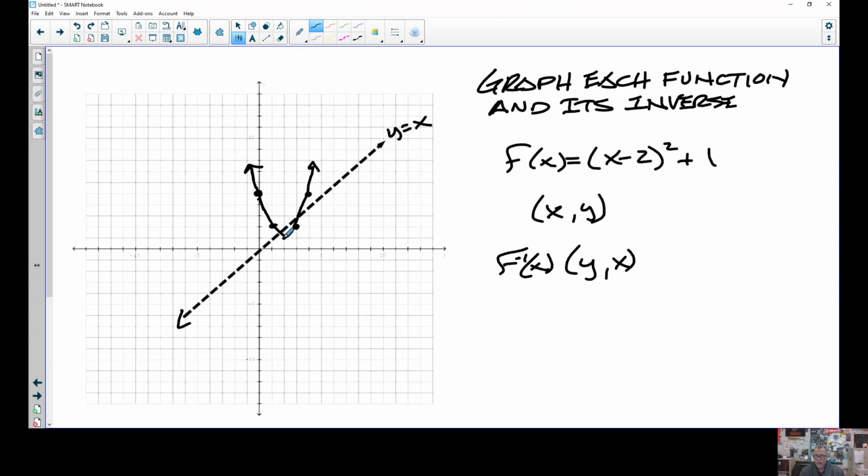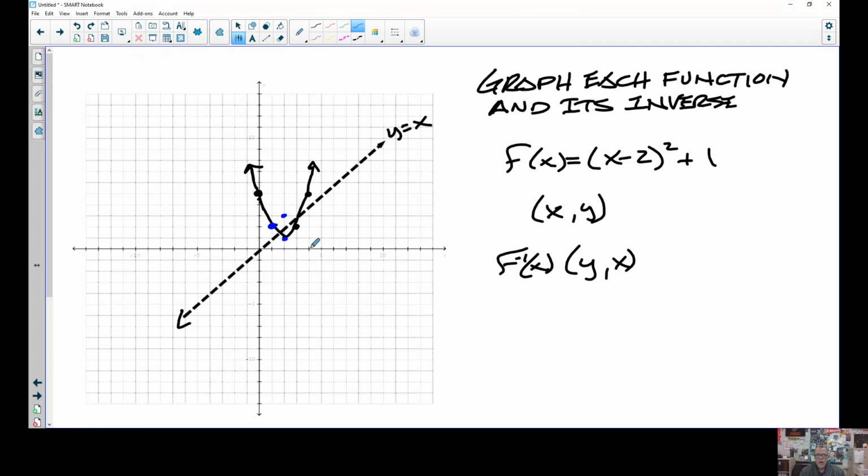So any point we have here, we can reflect just by reversing it. This is the point 2, 1. So the point 1, 2 will be on the reflection. The point 3, 2 is on the original graph. So 2, 3 is going to be on the reflection. The point 1, 2 was on the original graph, right? So 2, 1 will be on the reflection. Do you start to see what's happening?